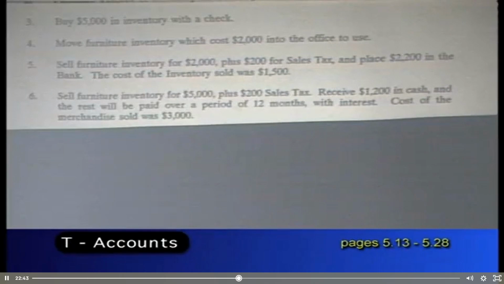Okay? Now record that part first as an entry. So record the $5,200 first. Then, as a second part, record the cost of the inventory sold, and it was $3,000. Okay, so record it as two parts.